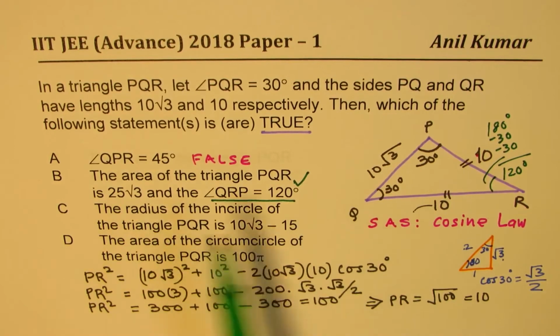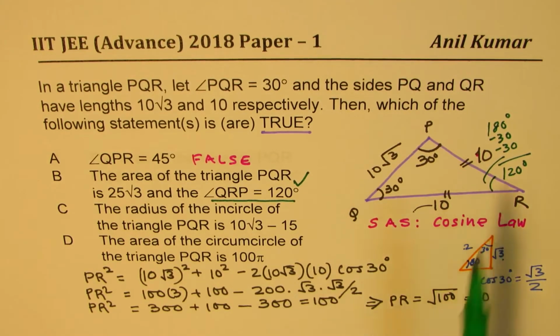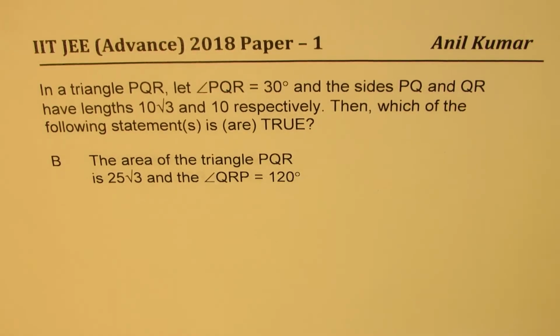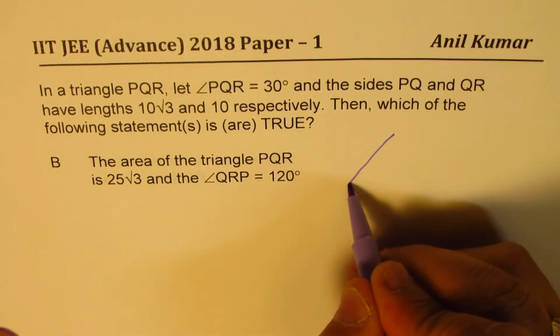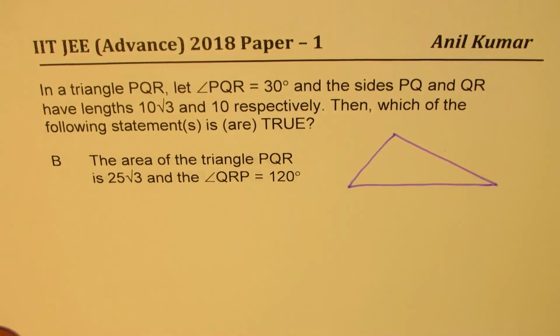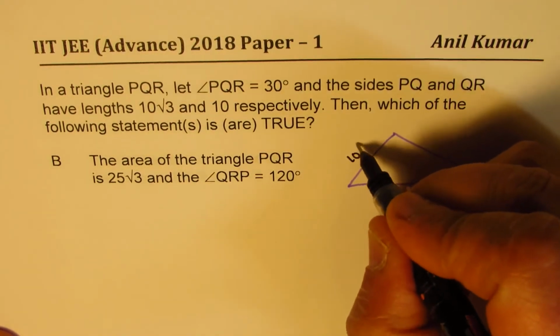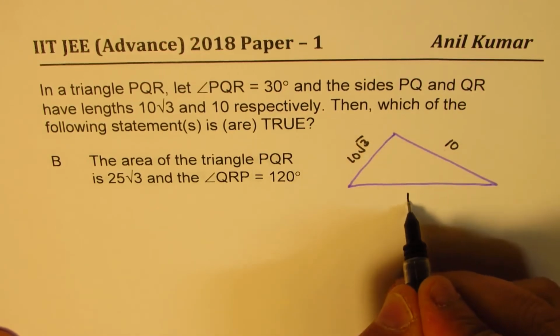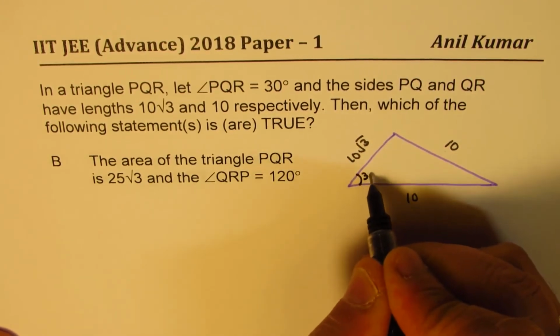So let's move on to the next page. We'll copy the diagram. We know now this is 10, that is 120, and then we'll find the area of this triangle. Okay. So now let's do part B. Let me just sketch the triangle once again here. Right. So we got the triangle. We are saying this is 10 square root 3. This we found also as 10. This is 10. This is 30 degrees.